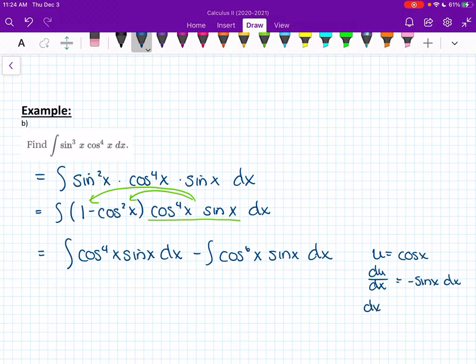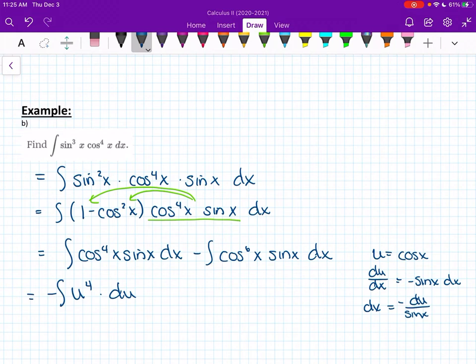So then my dx in both of these integrals is going to be negative du over sine of x. So then when I do my u substitution, in my first integral I get u to the fourth times du, and my sines will cancel, but I'm going to have a negative left over. I'm kind of skipping some work here, but I think you can follow.